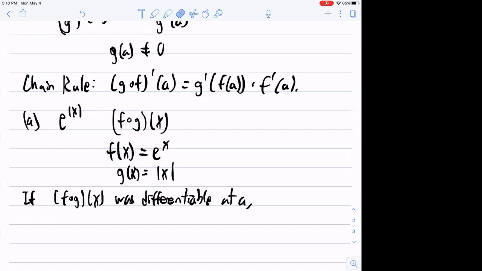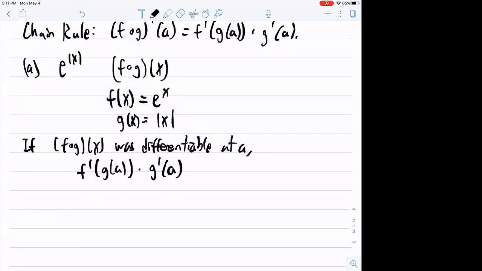I put f compose g and g compose f, so let me swap it just to be consistent. It gives f prime of g of a times g prime of a.